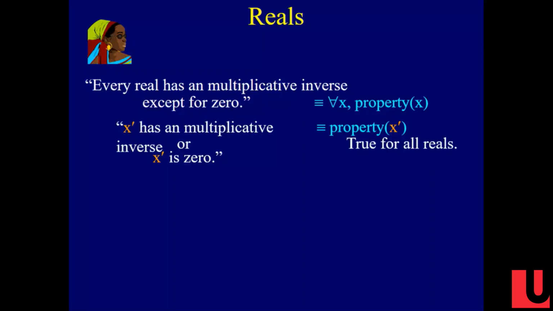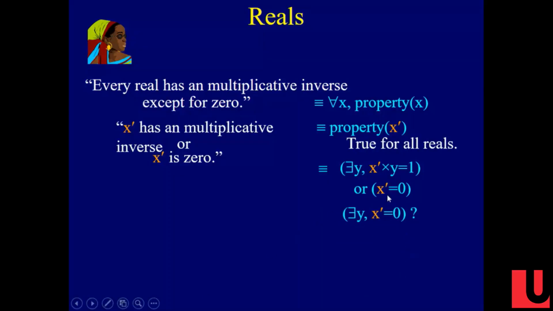Yeah. So let's stick an or there. This says that x has a multiplicative inverse, and this says that x is 0, and I put an or between them. And then this statement's always true, right? People buy that?